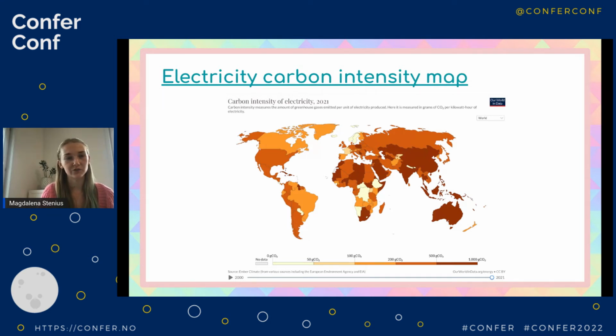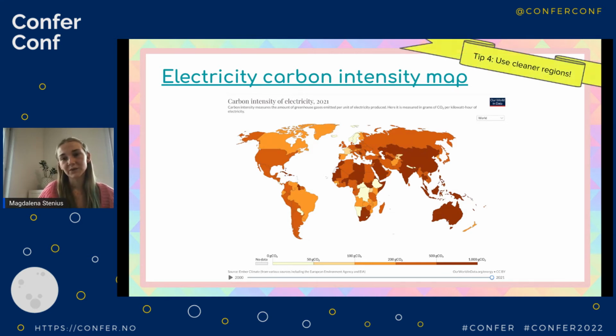If you're located in Europe and you want to have your data centers or your data usage somewhere in Europe, we would always recommend choosing the regions that are low in carbon intensity. So basically, that's mostly the Nordics, especially Sweden and Norway, which stand out as very efficient countries in this way. So that's my fourth tip.